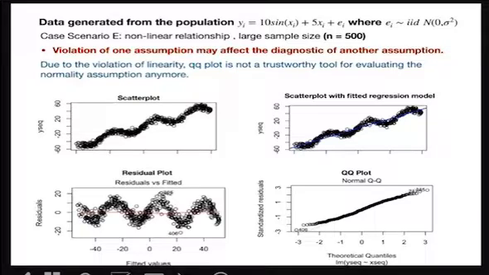Look at my scatter plot now. Do you see my scatter plot now? When you see my scatter plot now, I think it's trying to tell us that this may not be linear. You get what I mean? But I need you to look. Due to the violations of linearity, the QQ plot is not a trustworthy tool for evaluating the normality assumption anymore. Now, let me tell you this.